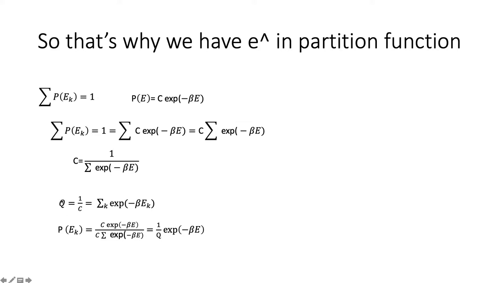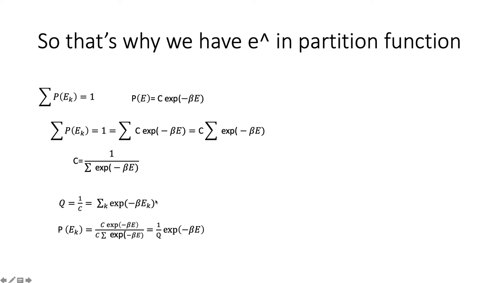And that's how we build our partition function. So the partition function is 1 over C, 1 over this constant, which is also a constant, and equals the sum of the exponential of negative beta Ek.